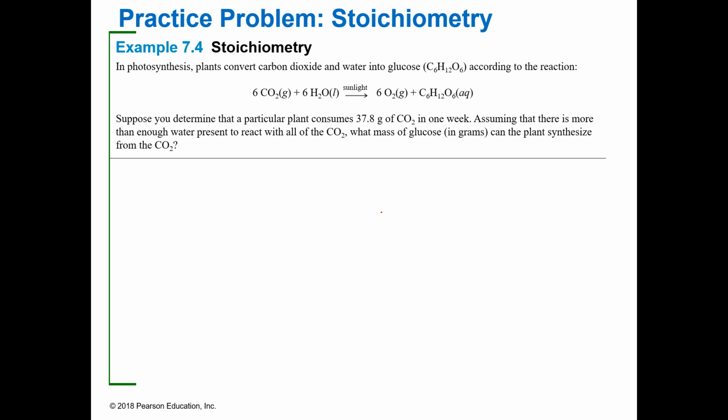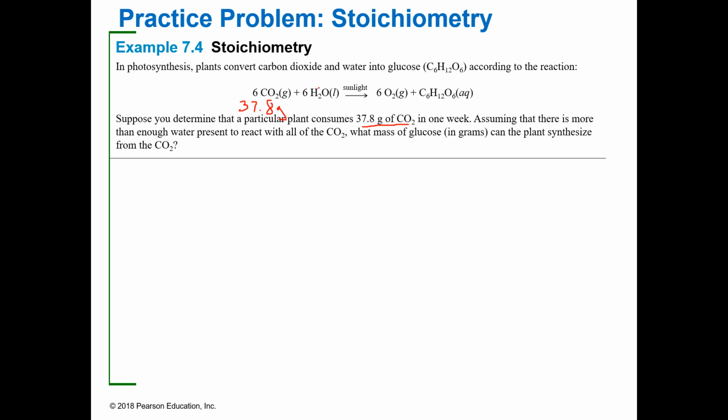All right, so here we go. Here we have a balanced equation. And we are given a problem that says, suppose you determine that a particular plant consumes 37.8 grams of carbon dioxide. So I'm going to lose 37.8 grams of this.